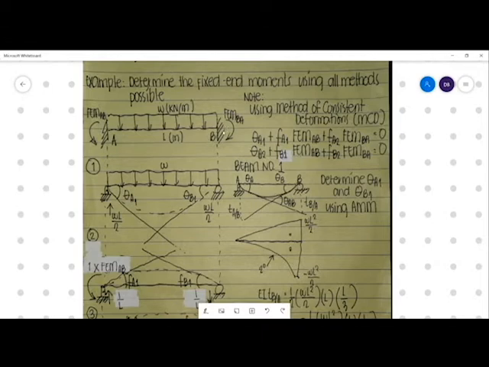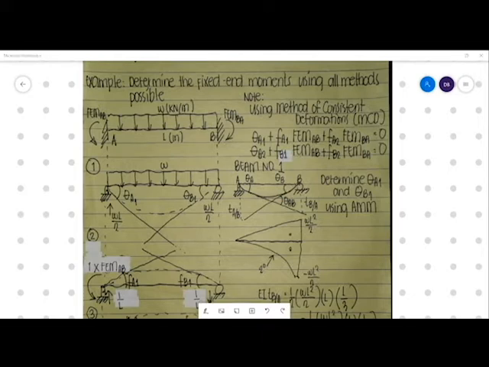Therefore, we only have two redundants here, and it's a matter of which redundants we are going to use. Since we're only looking for the fixed end moments, we don't need the vertical reaction. We choose the moment at A and the moment at B as our redundants.